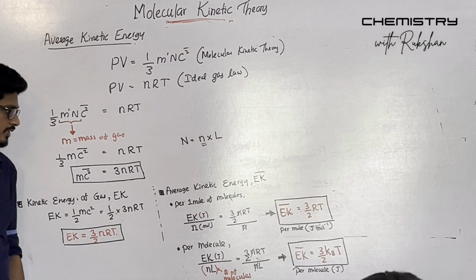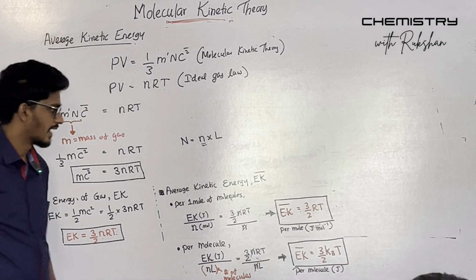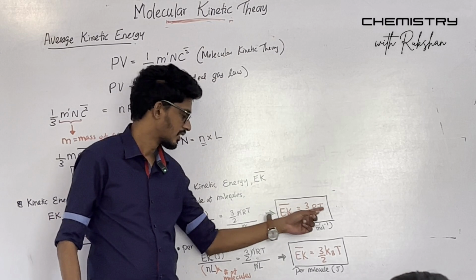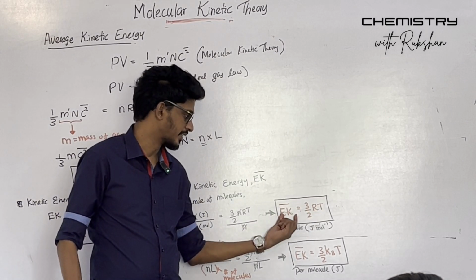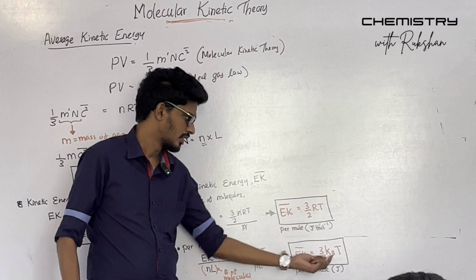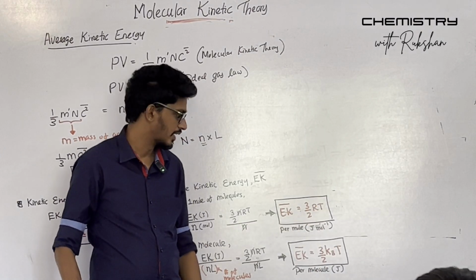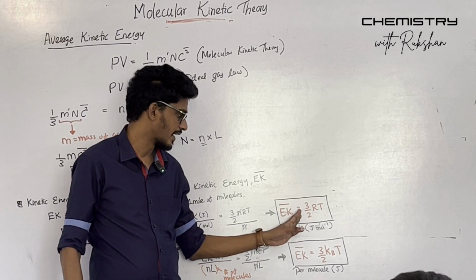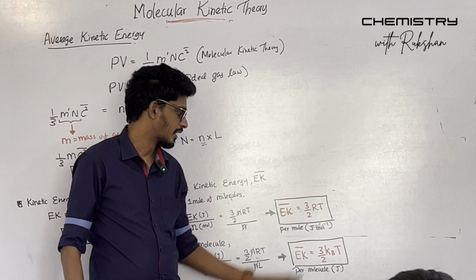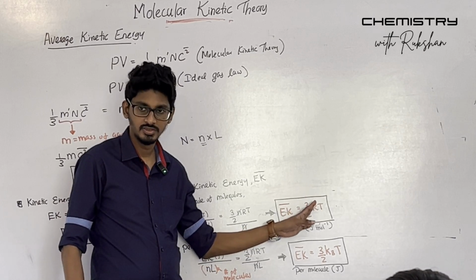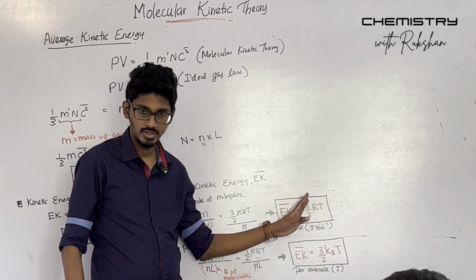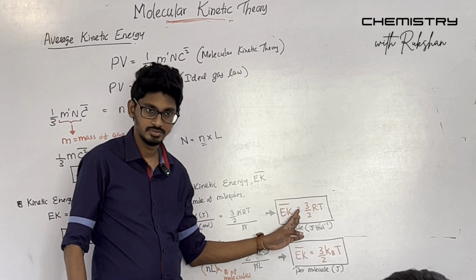Those are two equations, and these clearly say that the average kinetic energy depends only on the absolute temperature. If you take 5 moles of N2 gas at 300 Kelvin and 10 moles of N2 gas at 300 Kelvin, in both situations the average kinetic energy is the same.